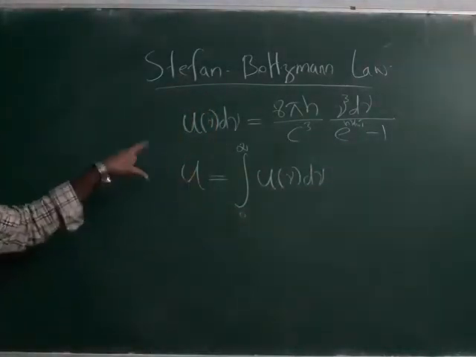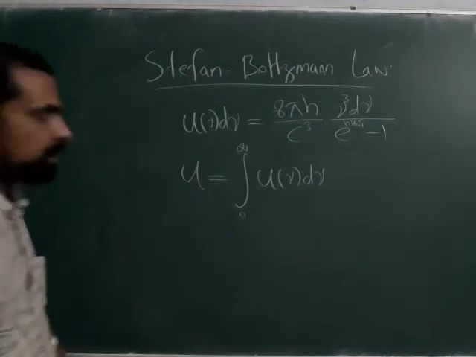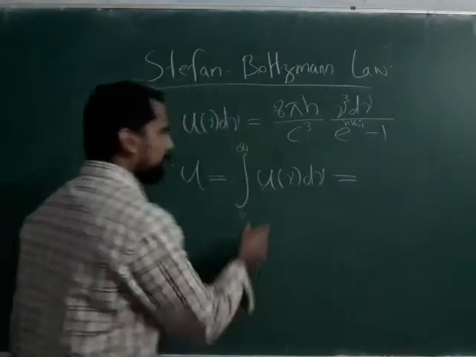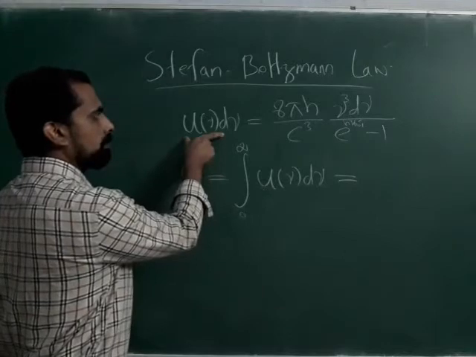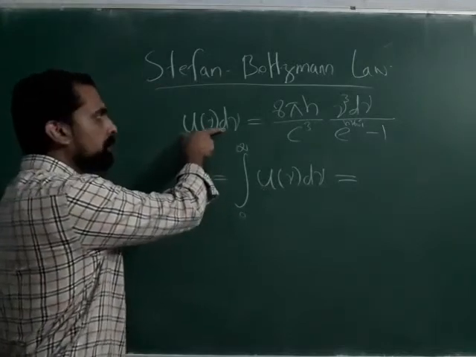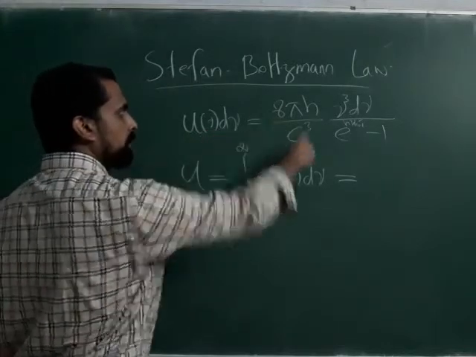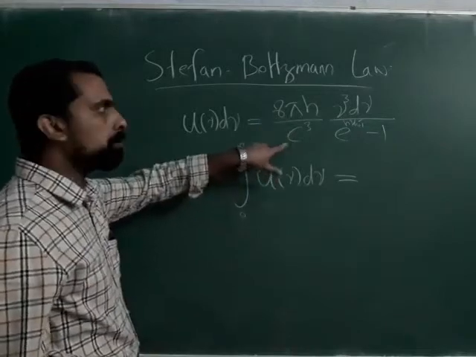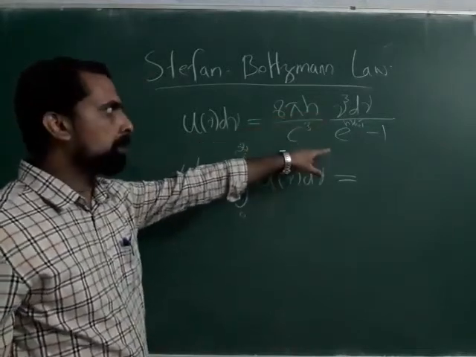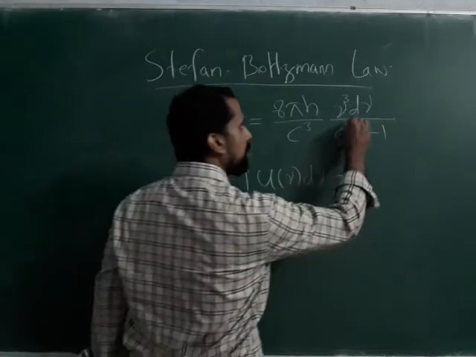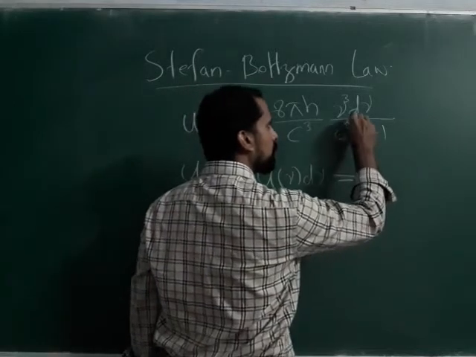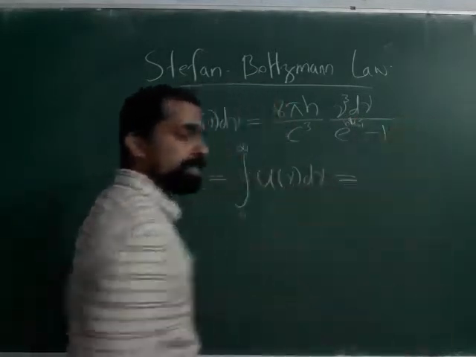So we will just rewrite it, because here you know the energy density, U nu d nu, is equal to 8 pi h by c cube, nu cube d nu divided by e raised to h nu by kBT minus 1.